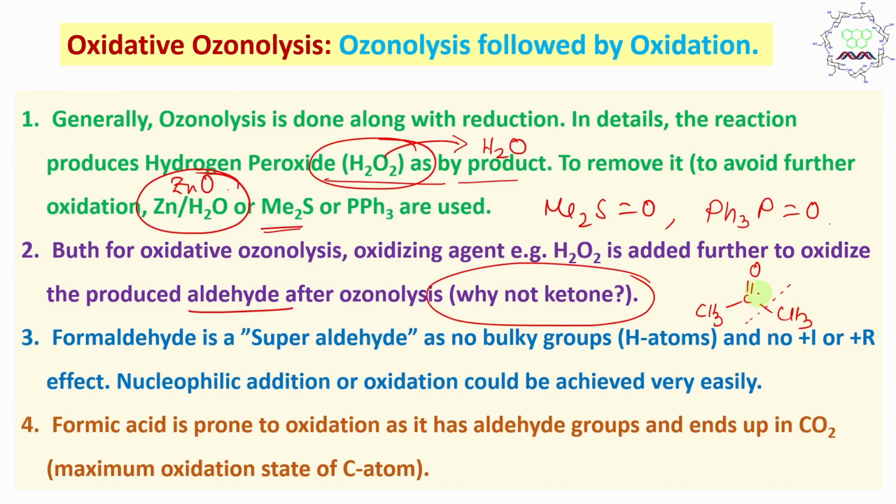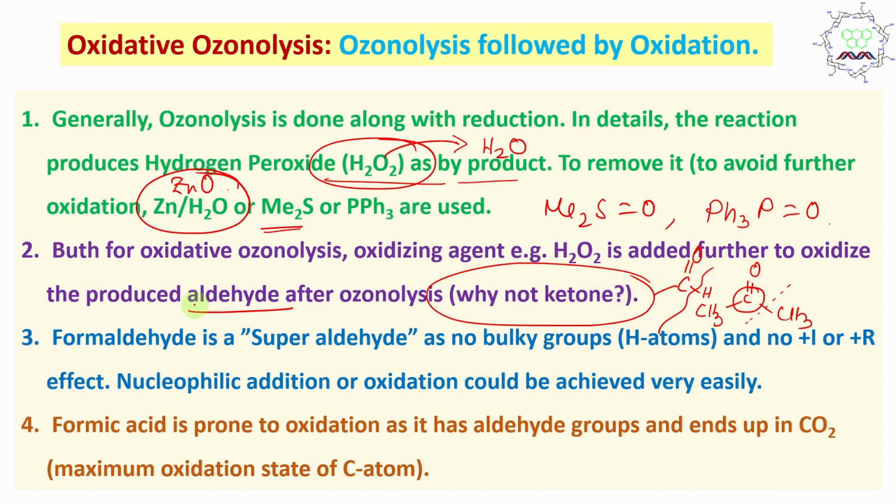Additionally, both belong to the second row elements, so same size, stronger overlap, and better overlap results in a stronger bond. So it is very difficult to oxidize a ketone, and for that purpose even harsher, more vigorous conditions are needed compared to an aldehyde, because in the aldehyde case there is a C-H bond. So it is comparatively easier to break, meaning it is oxidized into the corresponding carboxylic acid.